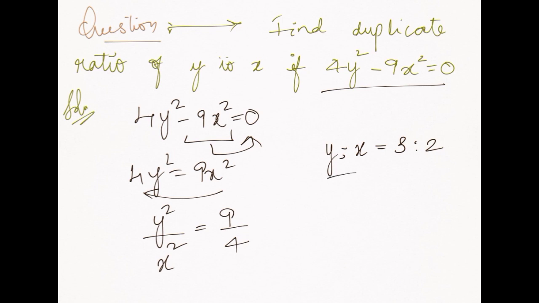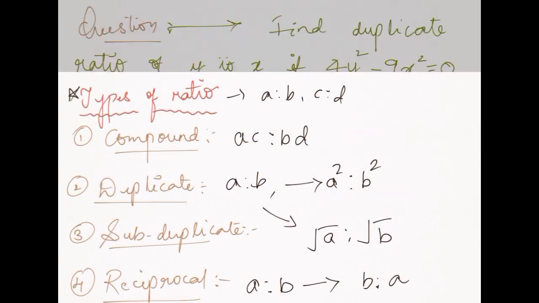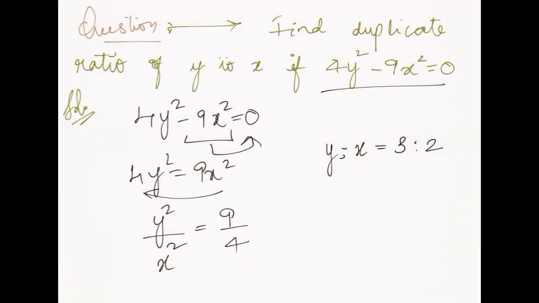So y is to x is actually 3 is to 2, but I asked for the duplicate ratio. The duplicate ratio is y square is to x square. That's why the final answer is 9 is to 4, because I asked for the duplicate ratio, not the simple ratio.